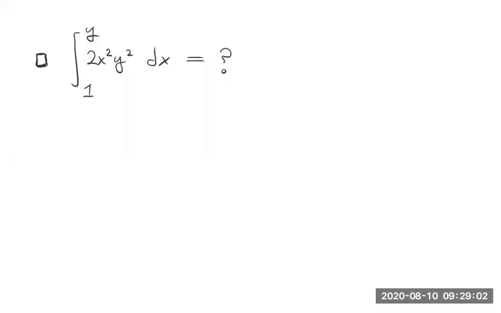So here I'm taking integral with respect to x. So I would assume y is a constant. That's the variable of the integral, which means y behaves like a constant, right?